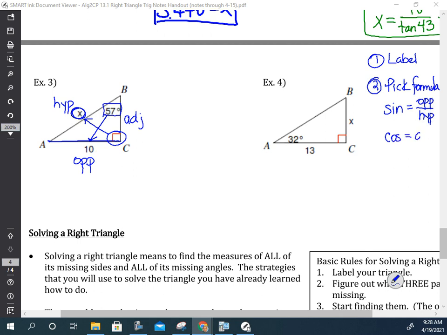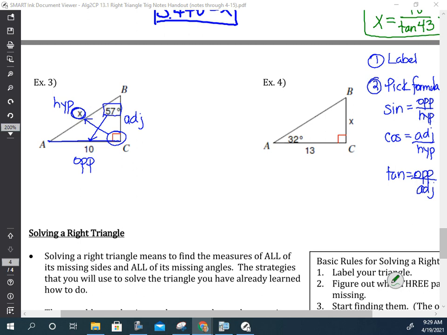Cosine, adjacent over hypotenuse. Tangent, which is opposite over adjacent. So it has to be one of those 3.